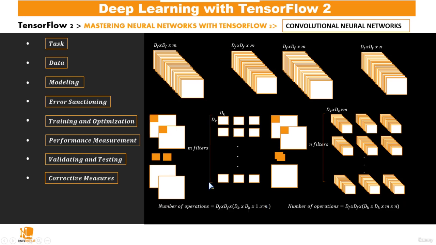Now, for the depth-wise convolution, if you notice, we have this df by df, since we have df by df as output, and then we have dk by dk, since we have these dk by dk filters right here. We have times 1, since we don't have the depth, and then times m. So notice that there is already a gain in the number of operations when working with these depth-wise convolutions.